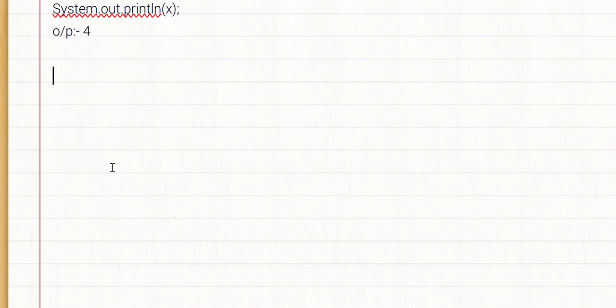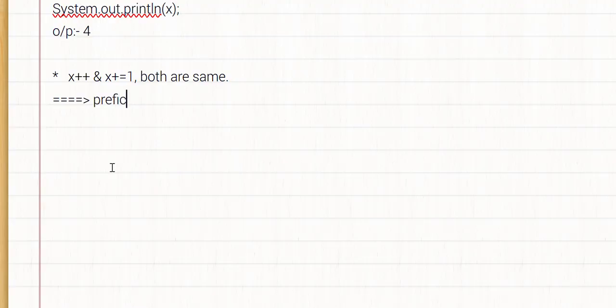Okay, let's take this as an important point: x plus plus and x plus equals 1 are both the same. Now we'll discuss the main things.